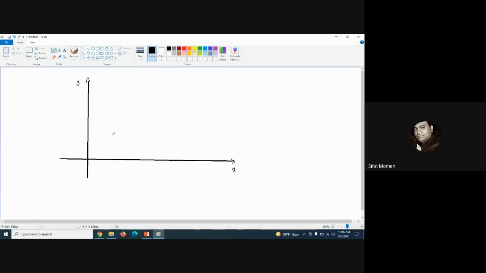Let's say this is how the data points look. These are the different data points. Is it clear? Yes. Yes, sir. Okay, let's say someone found out.